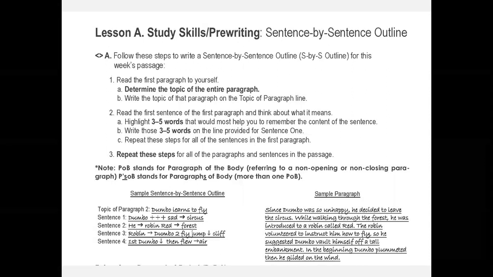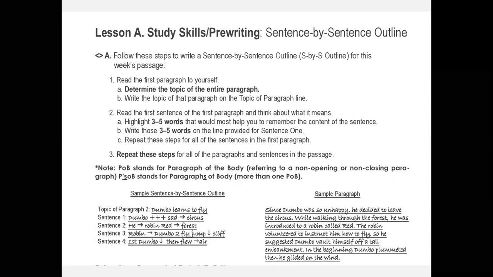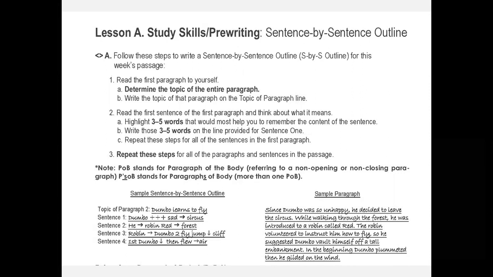All right, so this is a really great thing to do together, like to outline the first paragraph all together. So you're on the board or the whiteboard or whatever, and you are just doing all the steps to outline the first paragraph. And then they're ready to do paragraphs 2, 3, and 4. While you're doing this outline on the board, you have a chance to use those symbols and to show them how to outline sentence by sentence.